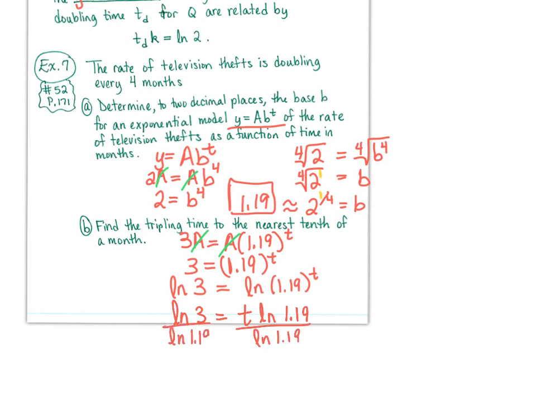And we get t is equal to the natural log of 3 divided by the natural log of 1.19. And that's approximately 6.3, but remember the time is in months. So t is about 6.3 months. Wavy equals means approximately. Okay, that's logarithmic functions and models.